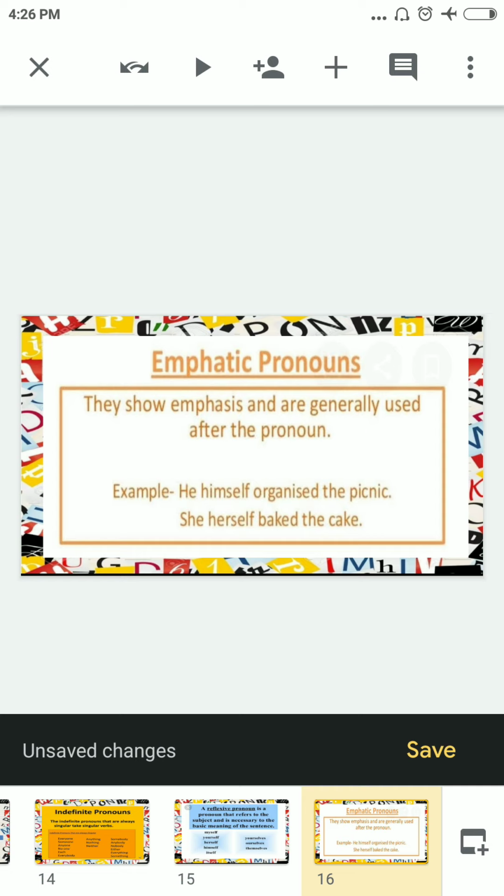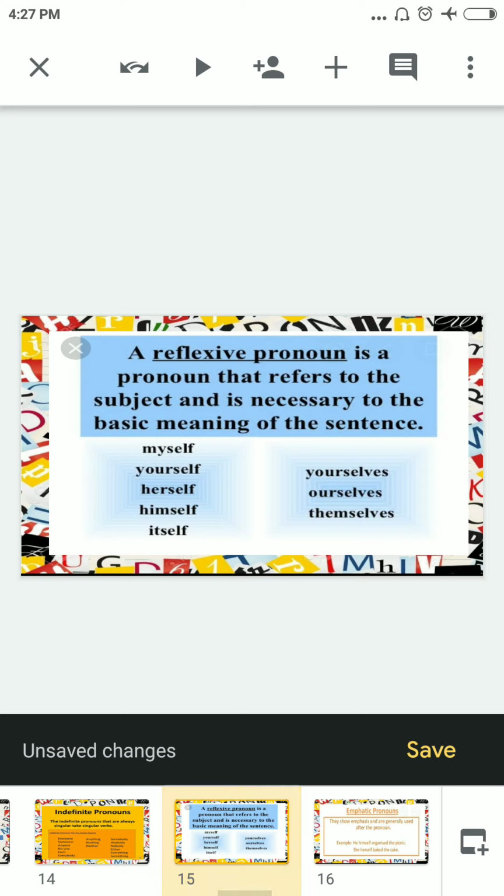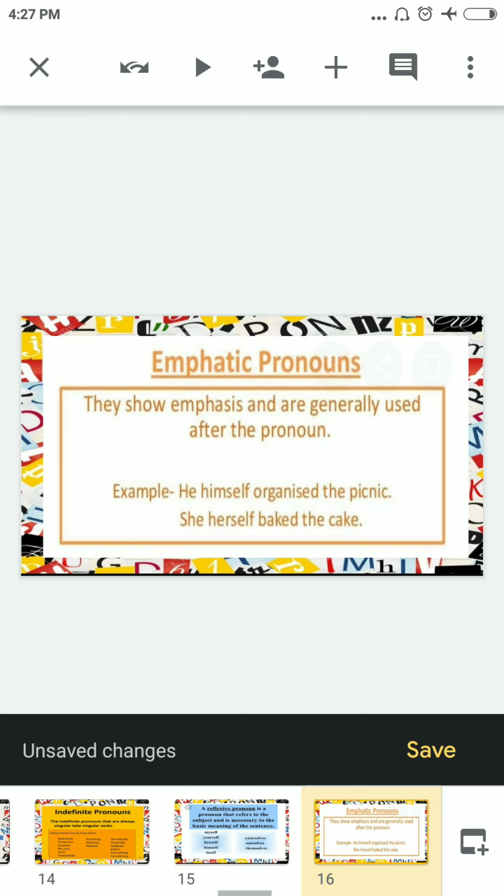Now you will be confused that reflexive pronouns are also self words and emphatic pronouns are also self words. So what is the difference? But students, the difference is in its use. If we are starting the sentence with "my", the reflexive pronoun "myself" will be at the end of the sentence, while in the emphatic pronoun, you are using it just after the pronoun.